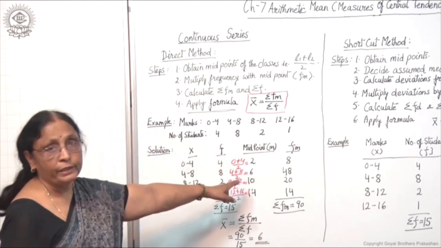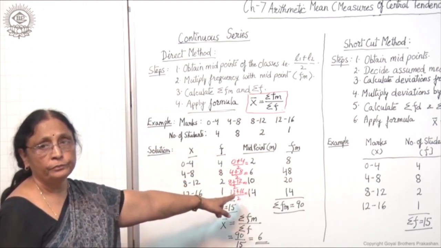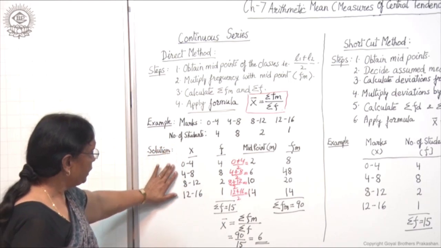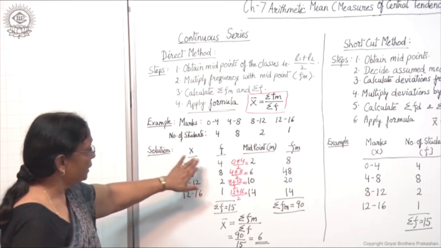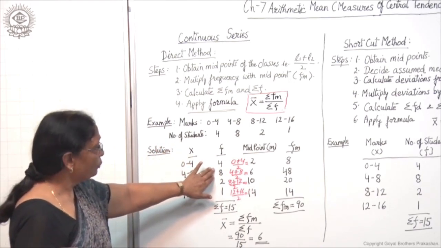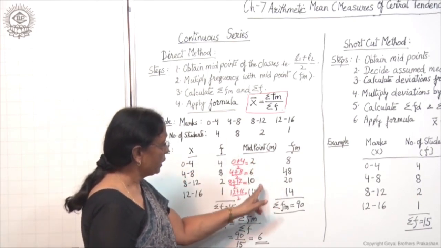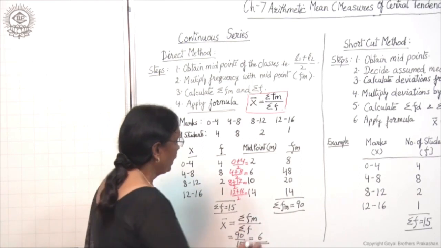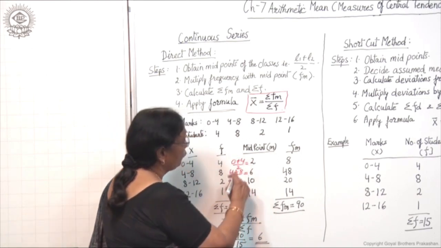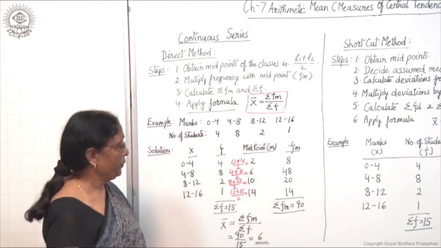So this way you get the midpoint, right? The data you have copied here in the x and f columns, no calculation over there. The first calculation you are doing is calculating the midpoint, and this is the method of calculating midpoint.